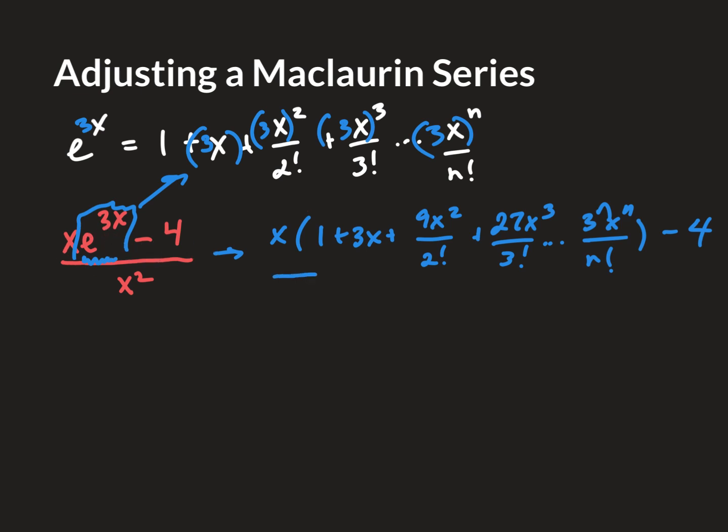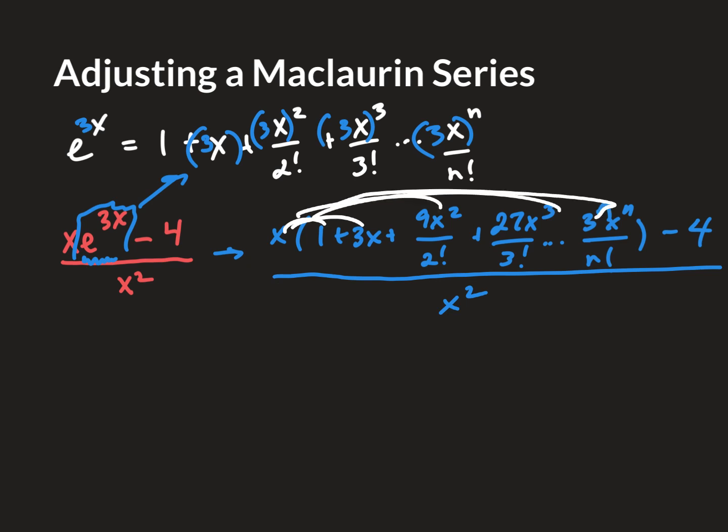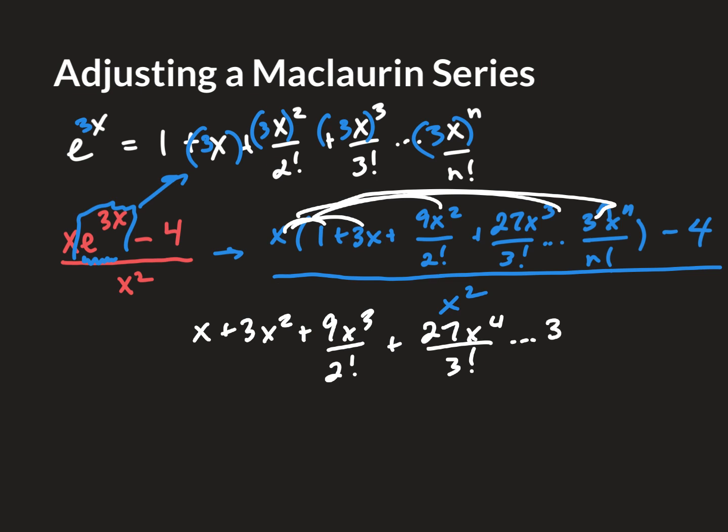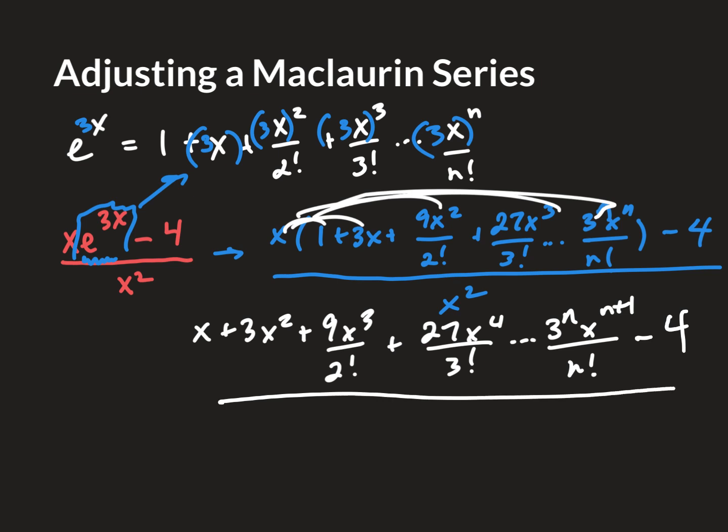And then I've divided it all by x squared. So we could distribute this in to everything. And we'd have x plus 3x squared plus 9x cubed over 2 factorial plus x to the 4th. Of course, we still have that minus 4 at the end and all over x squared.